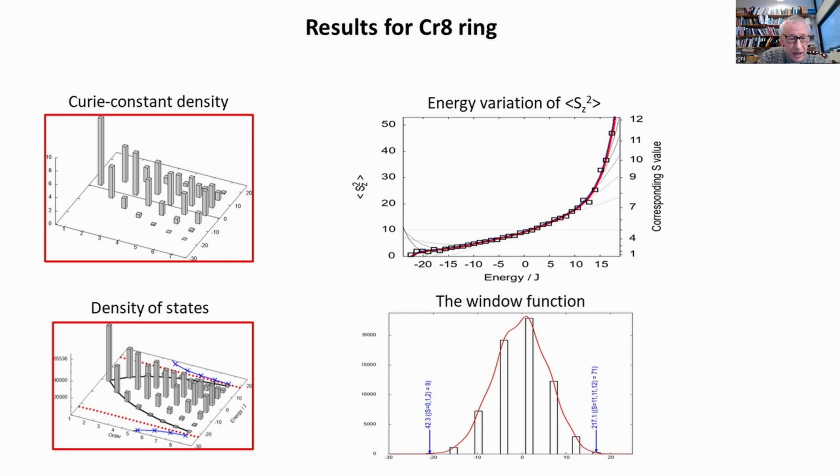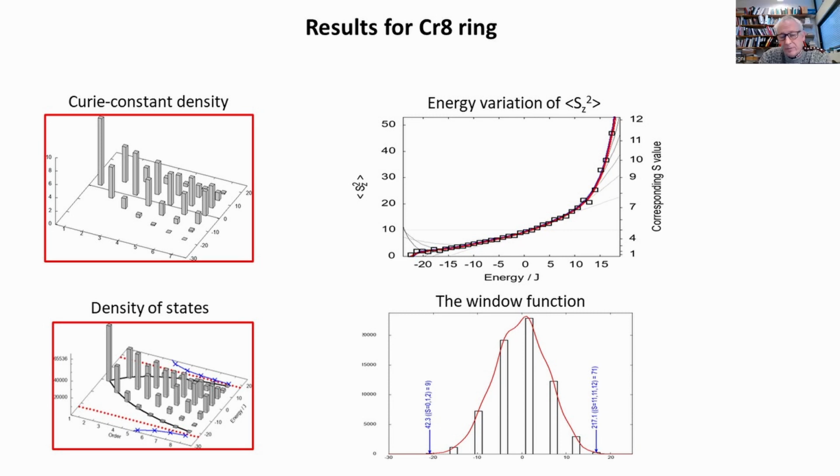We see that the outermost energy levels crawl towards the correct minimum value and towards the correct maximum value. And the window function actually provides an outer limit for where an energy level can lie. So actually, the lowest energy level lies between this blue cross and this histogram, and the uppermost energy level lies between that blue cross and this histogram.